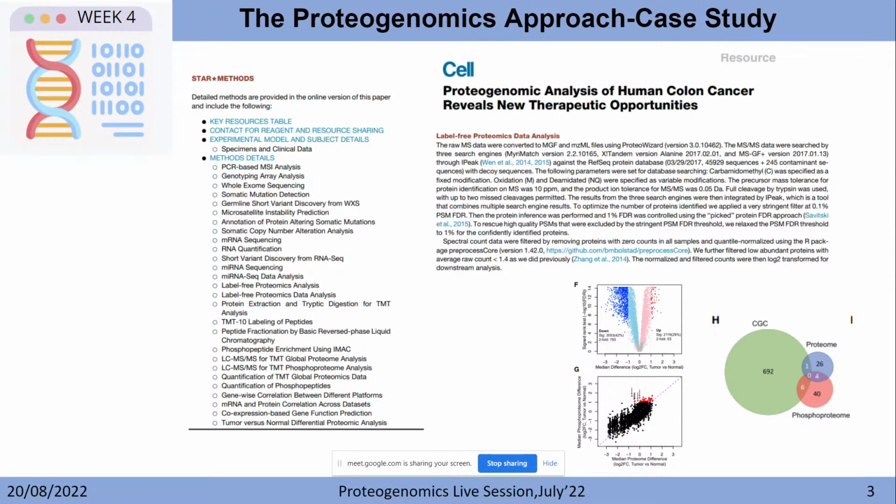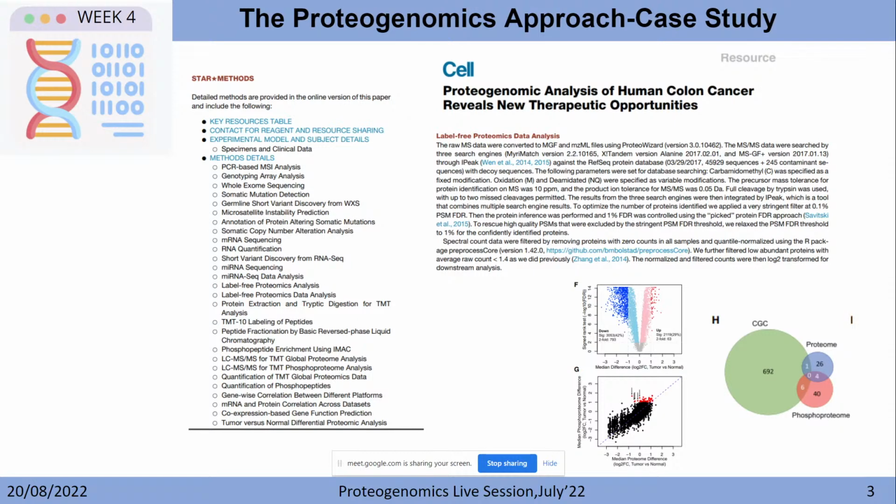From the data that we get after running the mass spec, we get the peptides, we identify the proteins, and after that the statistical analysis finally helps us determine the proteins that are significantly dysregulated. Another plot here is the median proteome difference, tumor versus normal.